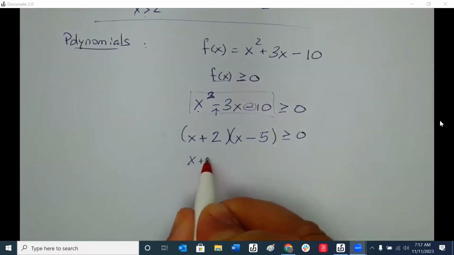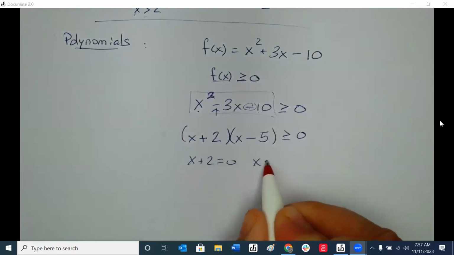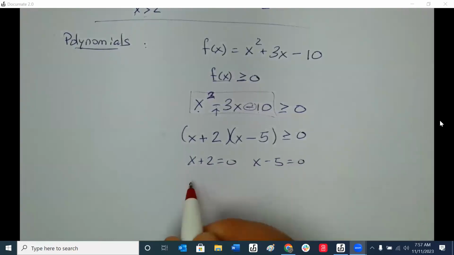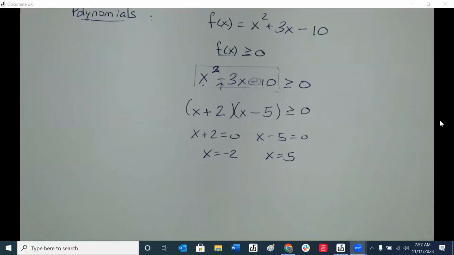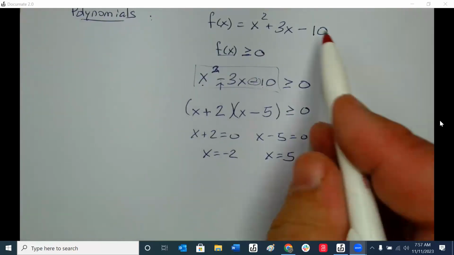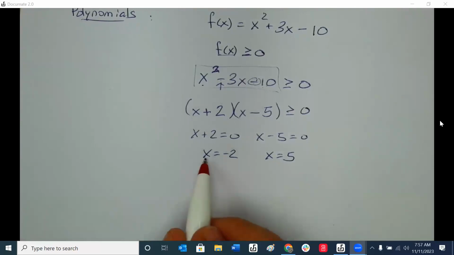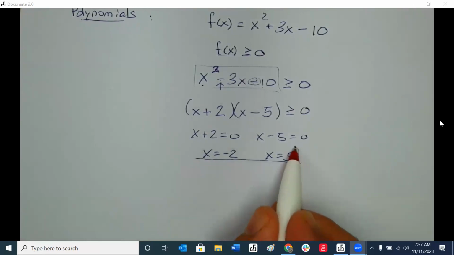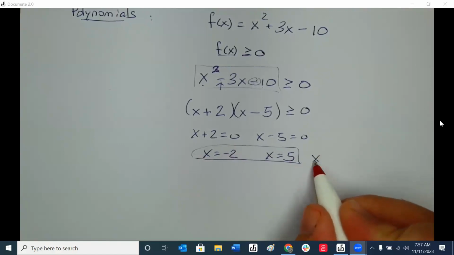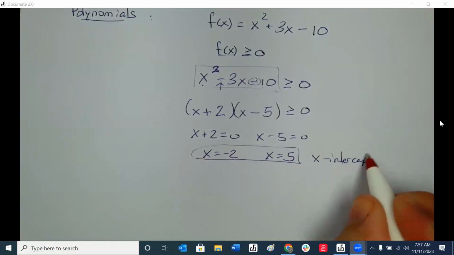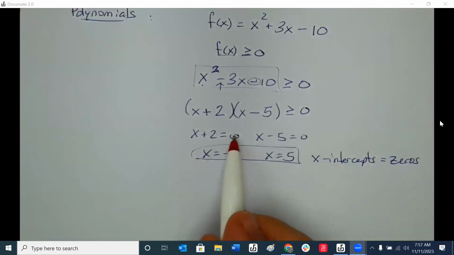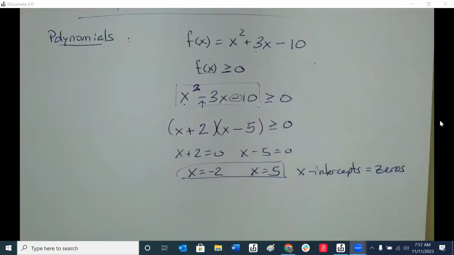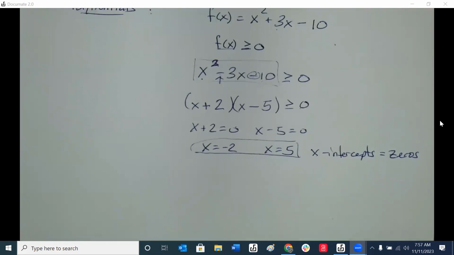Set both of those equal to 0 and solve. It's the same stuff we've been doing all along, treating it equal to 0. But these numbers are our x-intercepts, or our zeros, because if we plug these numbers back into the original equation, it'll equal 0.